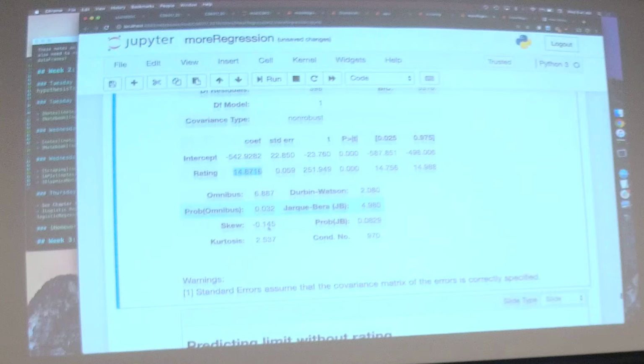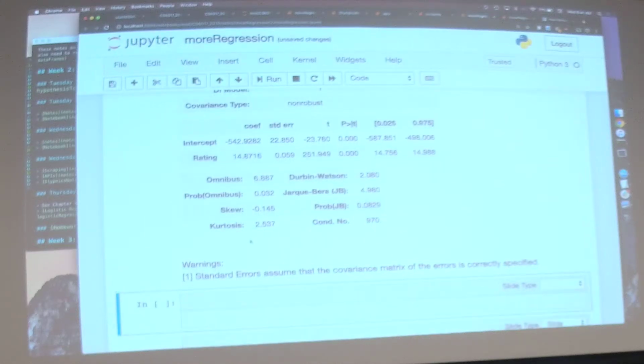So one way of thinking about this is that the credit limit is 14.8 times your rating minus 500. This appears to be the formula.